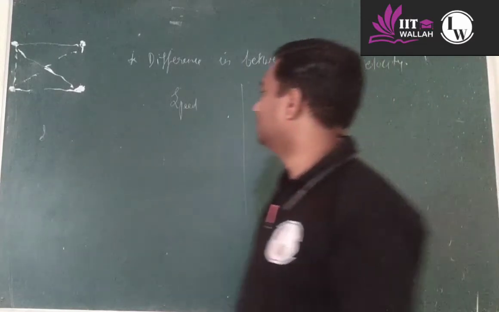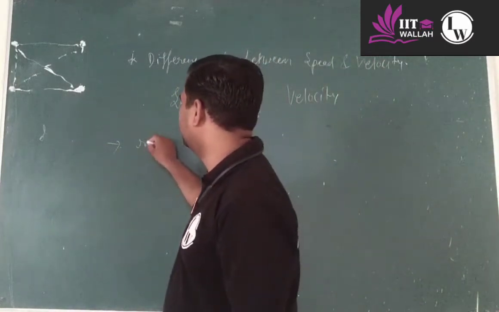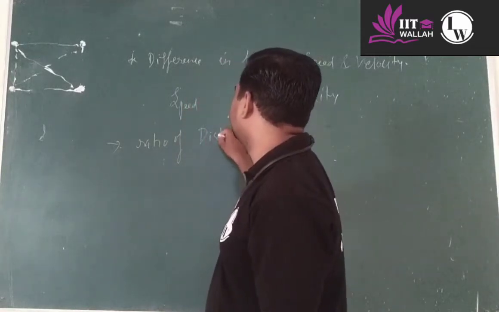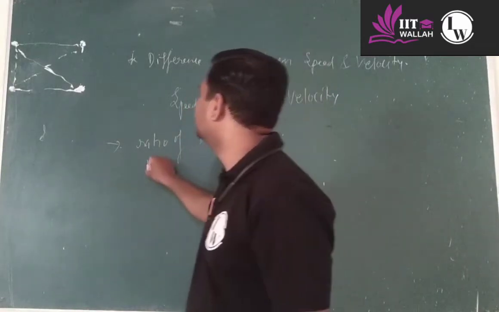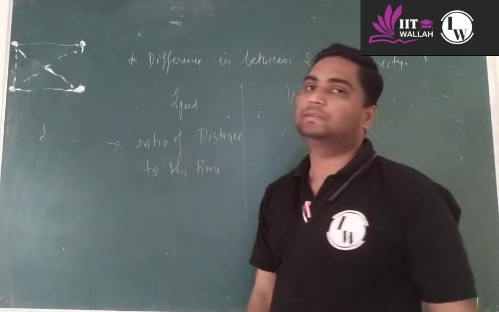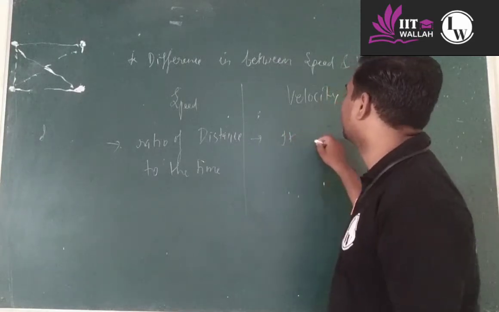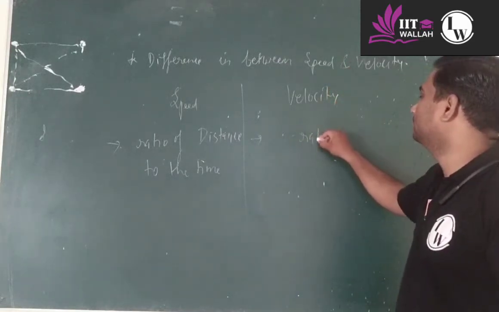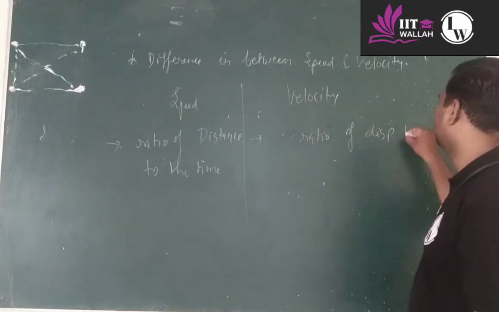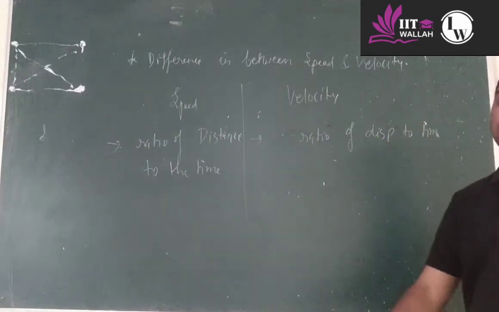First point: speed is the ratio of distance to the time, and velocity is the ratio of displacement to the time.